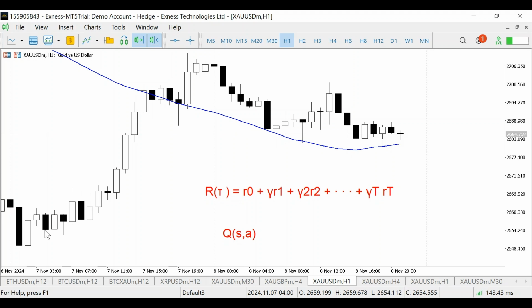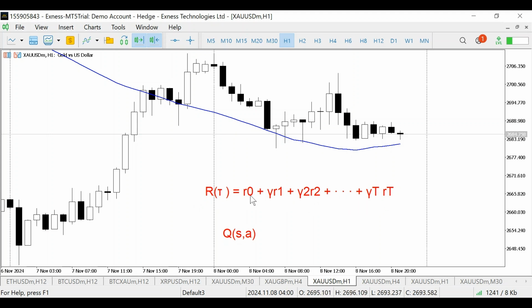R3 is this one, the difference between open and close, negative. R4, R5, R6. So see R0, R1, R2, and RT, whatever we define our episode horizon to be. Now each is being multiplied by gamma, gamma square, gamma to the power t.